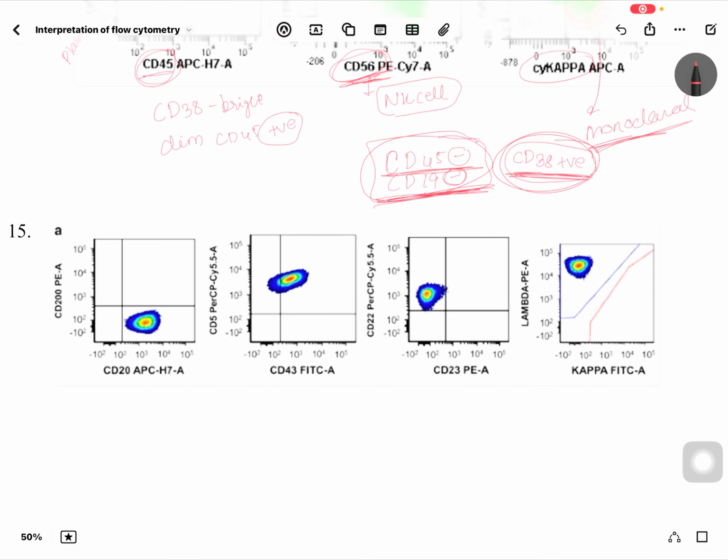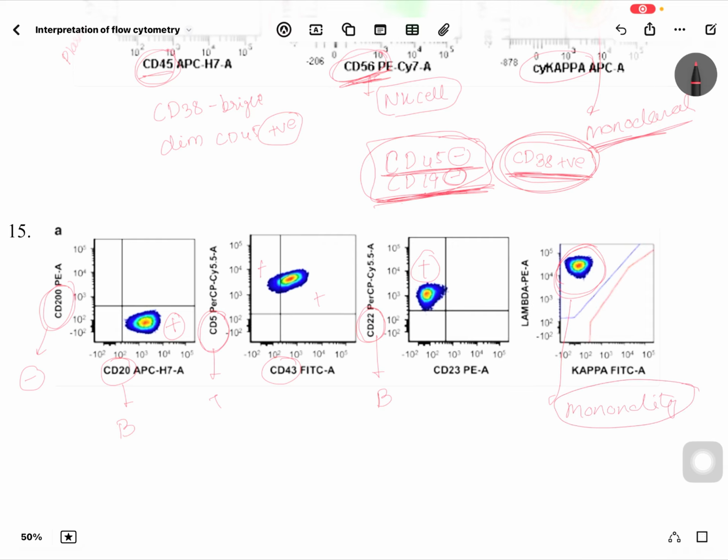Okay, so in this we find CD200 and CD20. Only CD20 is positive. CD20 is a B cell marker and CD200 is negative. Then I found CD5 positive and CD43 positive. Then CD22 is positive, again a B cell marker. CD5 is again a T cell marker. In lambda restriction, that means only monoclonality is present.